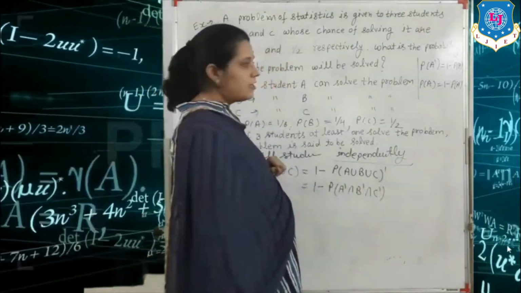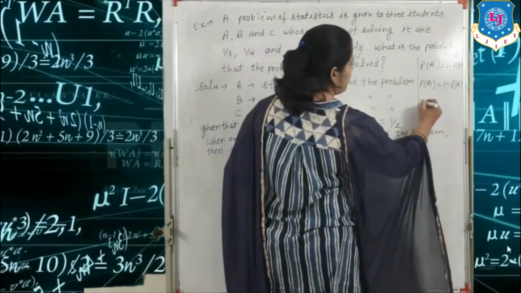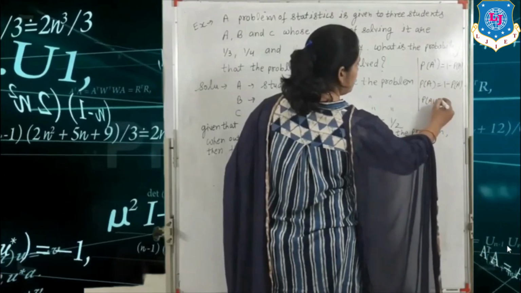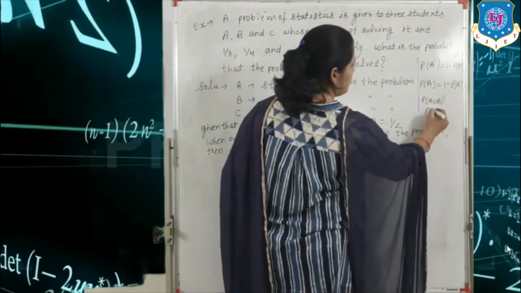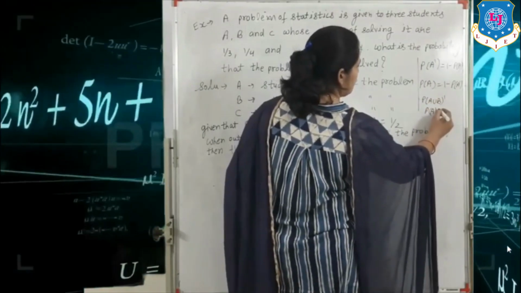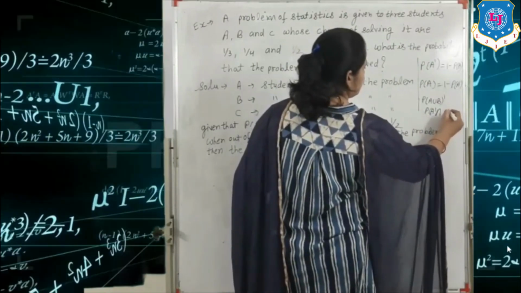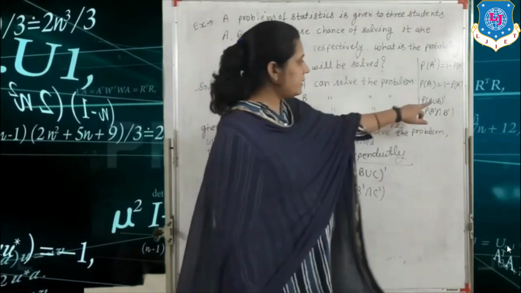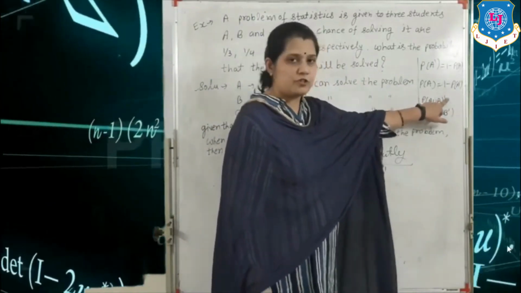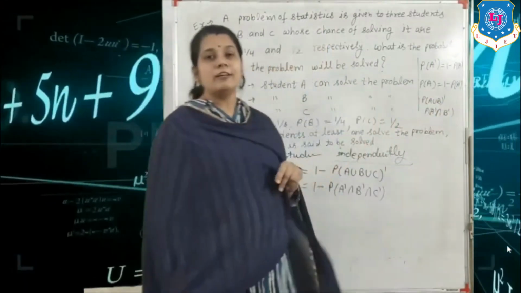That means if we find (A union B) dash, we write P(A dash intersection B dash), and if A intersection B dash, we write A dash union B dash.